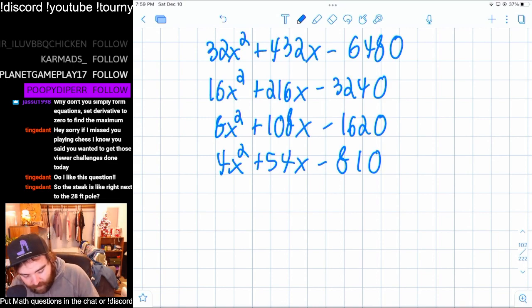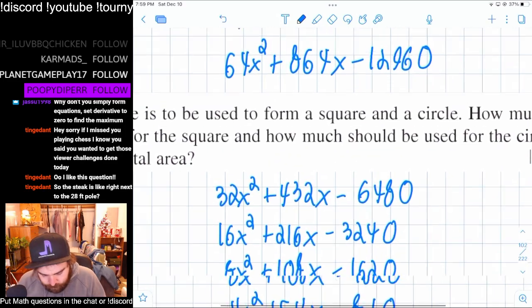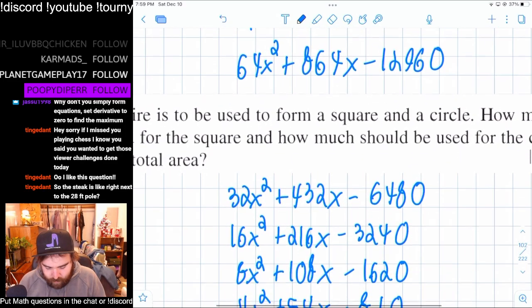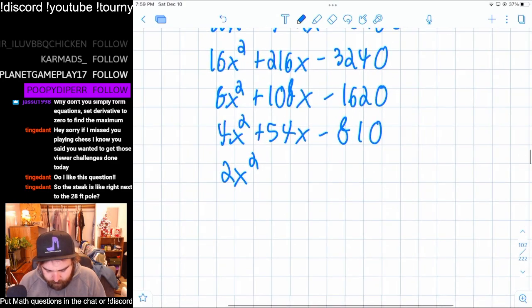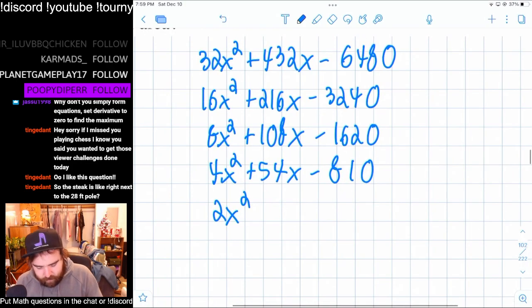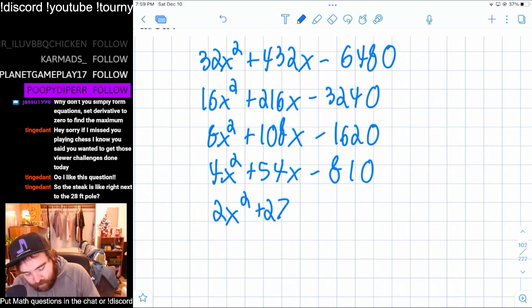But now I can do it again. How did that get so much lower so much quicker? I guess because I dropped the 0. It was 640. So now 2x squared plus 27x, that'll be the end of it, minus 405.